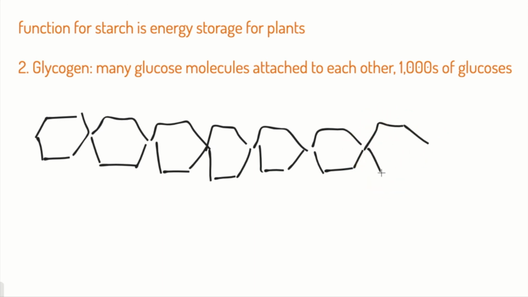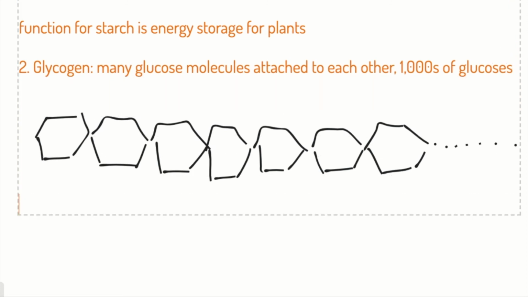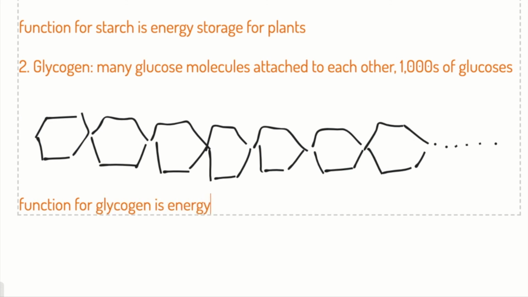Okay, so you have glycogen in your muscles to store all this glucose so that the next day when you're running your marathon, you have full storage of glucose. So the function of glycogen is energy storage for animals.